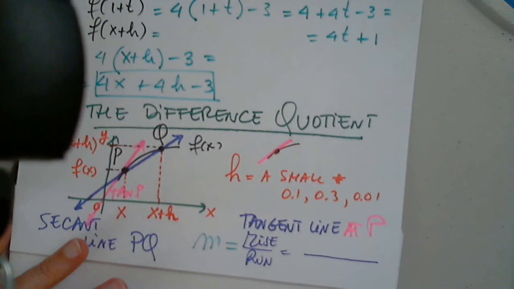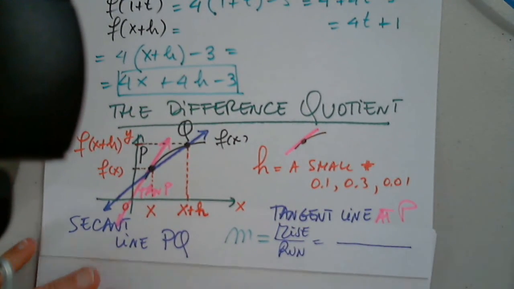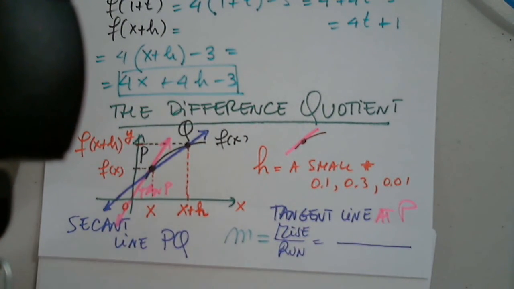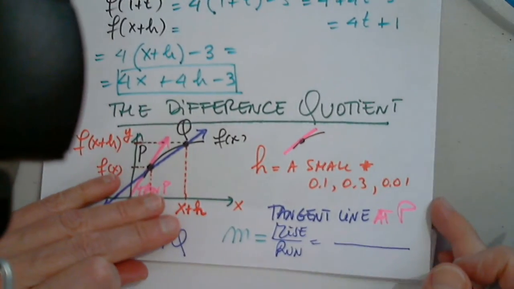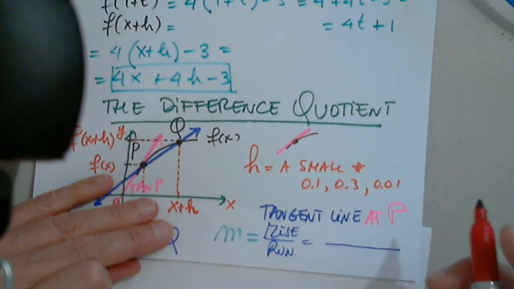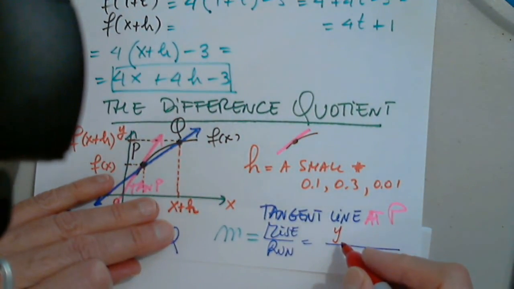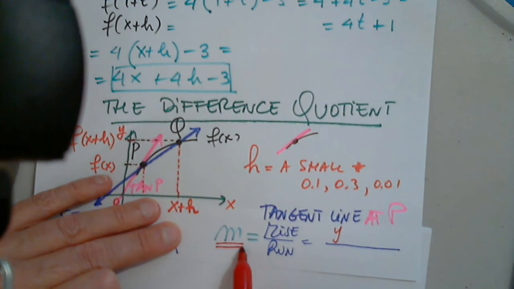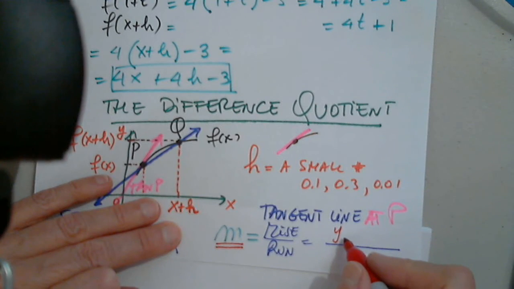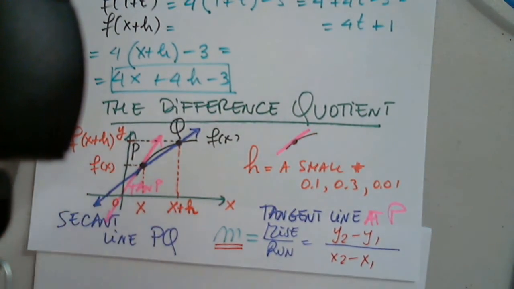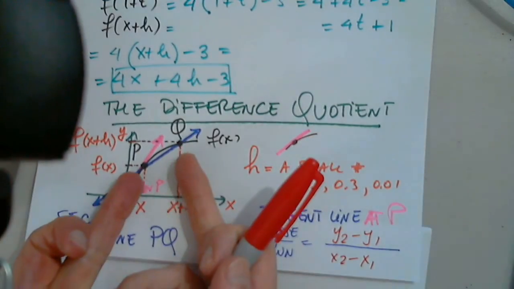So now, can anyone remind us what is the formula for rise over run? We're talking about the slope. Oh, it's y2 minus y1 over x2 minus x1. Very good. Awesome. We have 2 points.